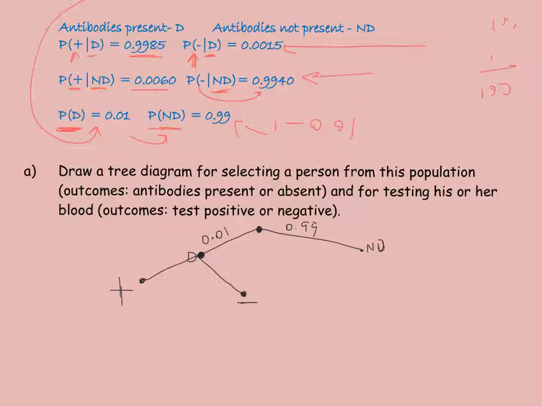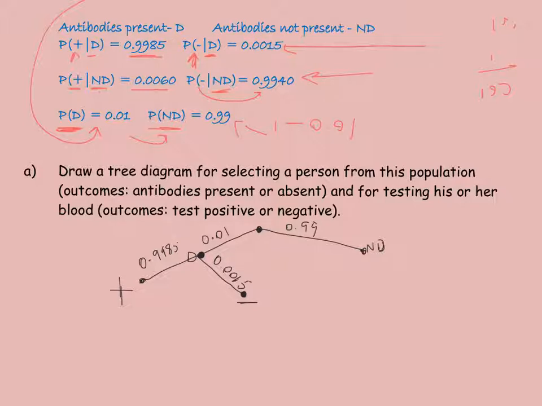So knowing that someone has the disease, what is the probability that they'll test positive? It's 0.9985. What is the probability that they'll test negative? So there would be negative given disease, so that's 0.0015.